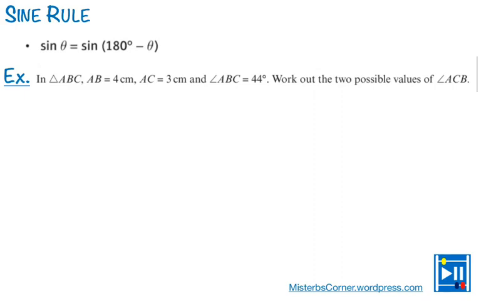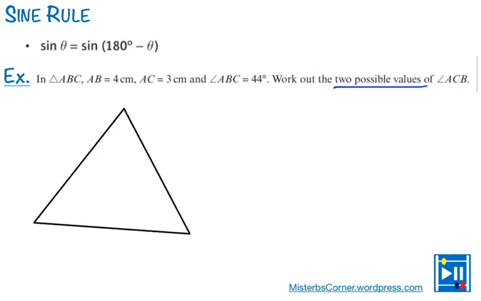Right, in triangle ABC, AB is 4, AC is 3, and angle ABC is 44 degrees. Work out the two possible values of the angle ACB. Alright, let's visualize this. So we start with our own proper, acute angle triangle, and it's asking us ACB.